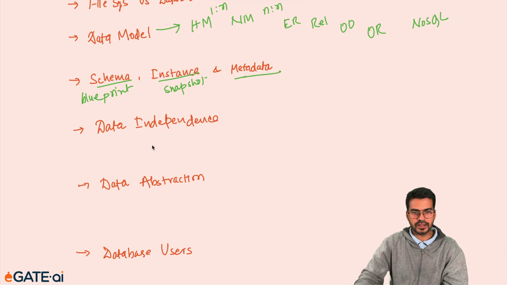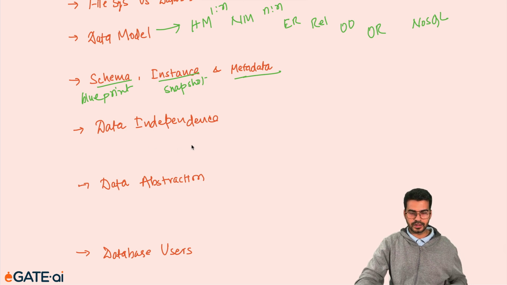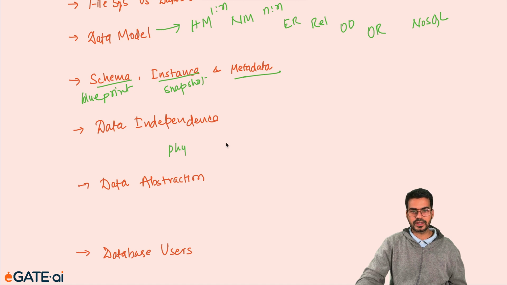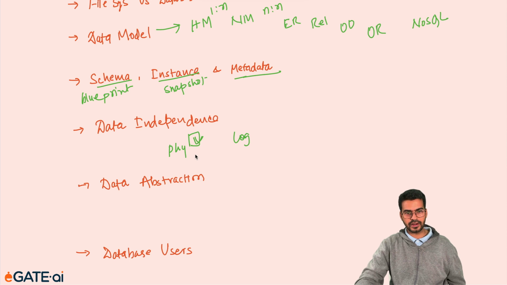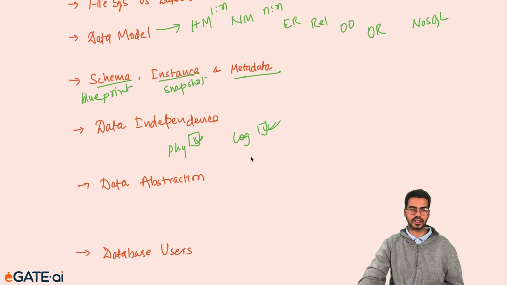We studied that there are two levels where data independence can happen: physical data independence and logical data independence. Any change at the physical layer does not affect the logical layer, so this is physical data independence, and any change at the logical layer will not affect the application program, so it is logical data independence.